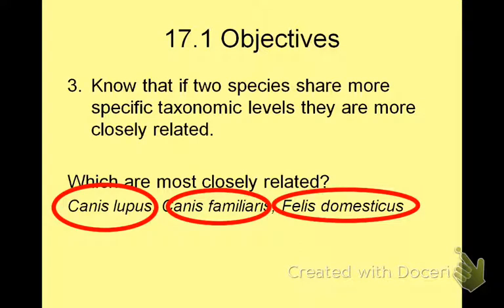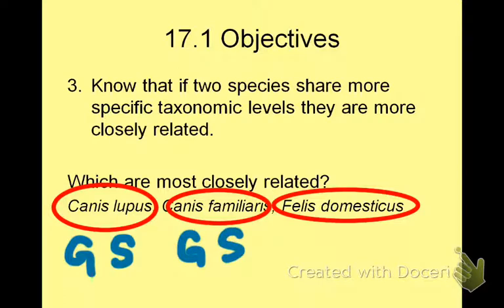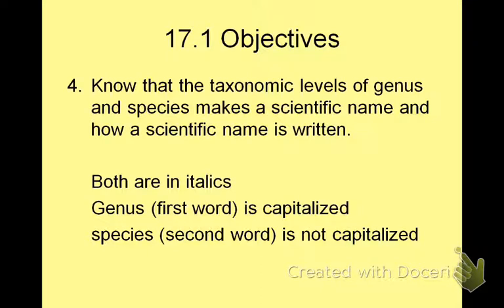You have both words in italics, and then the second word is the species name, and that is not capitalized. So it goes genus, species, genus, species, genus, species, like that. So these are your guidelines for writing scientific names.